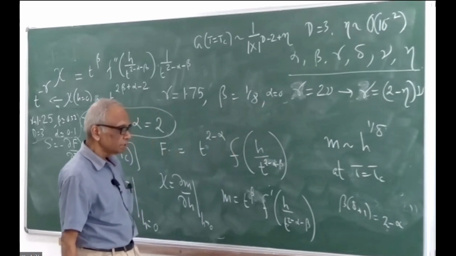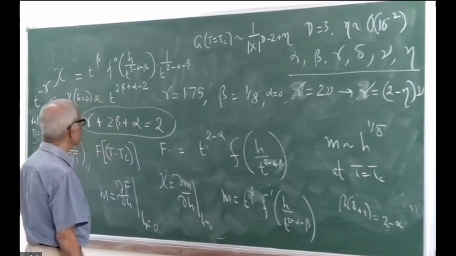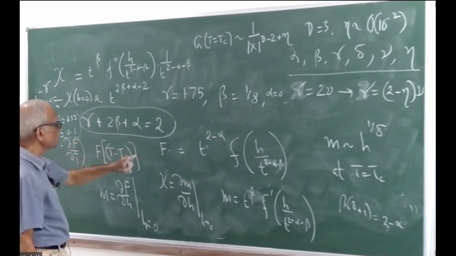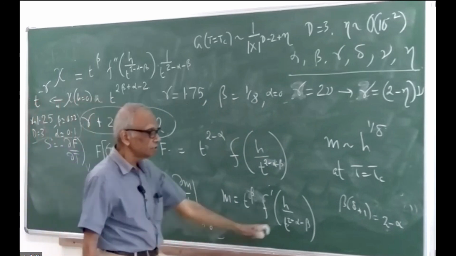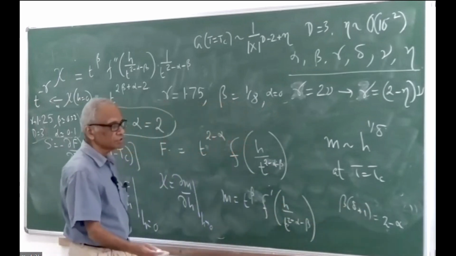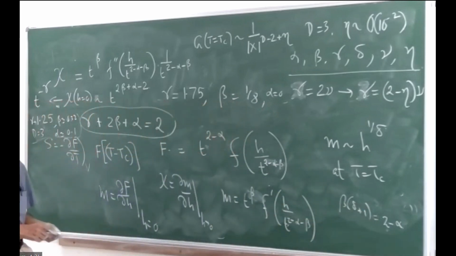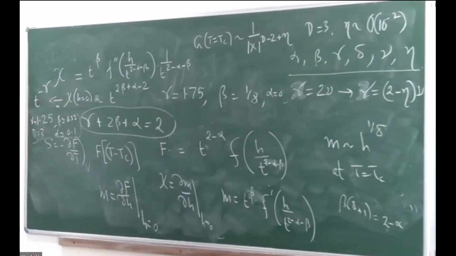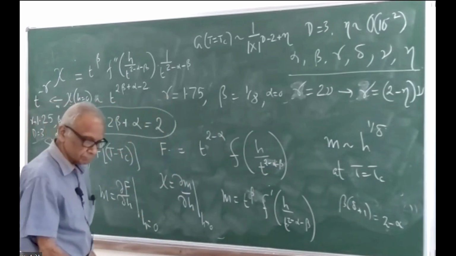And therefore gamma plus 2 beta is beta into delta plus 1, which works out to be, if I make use of this, I have to get the delta into this.